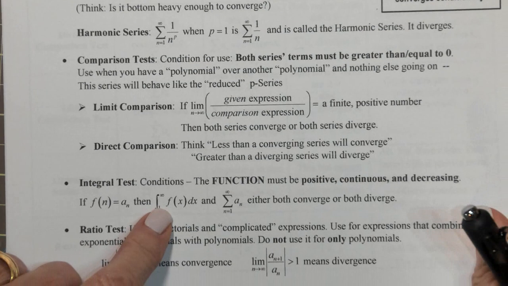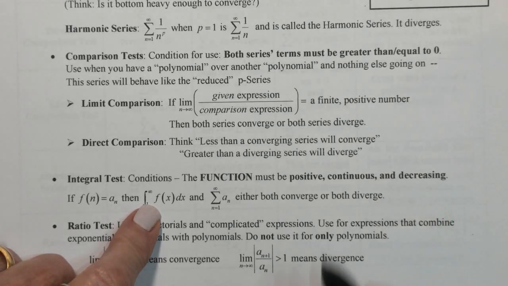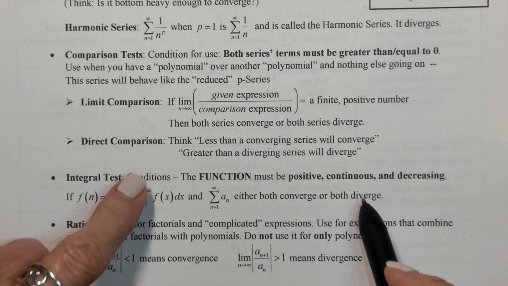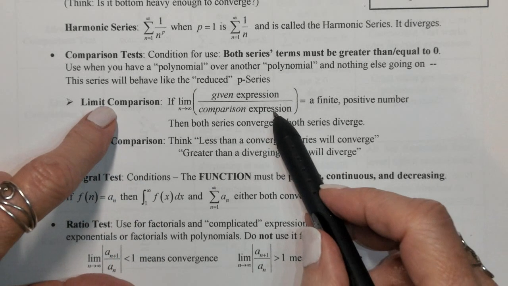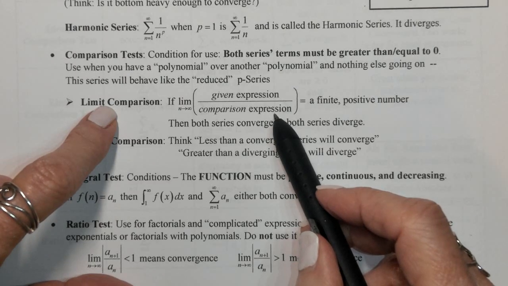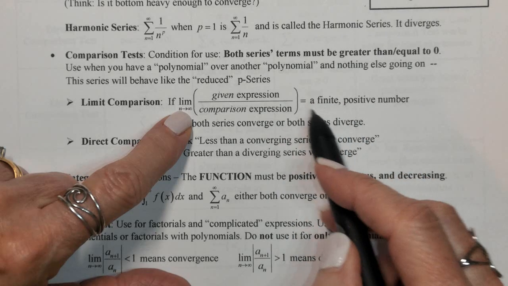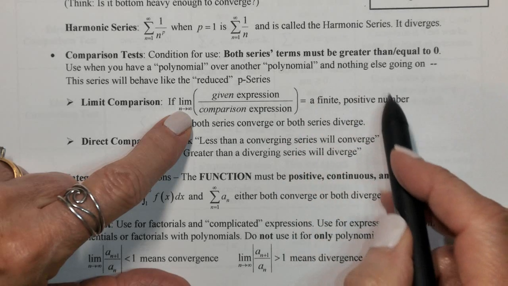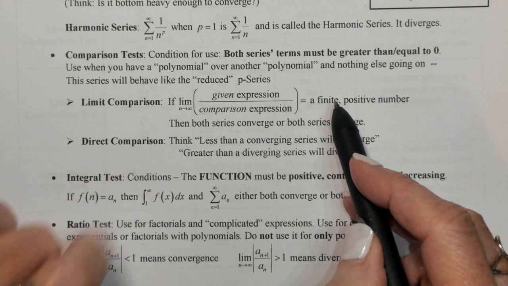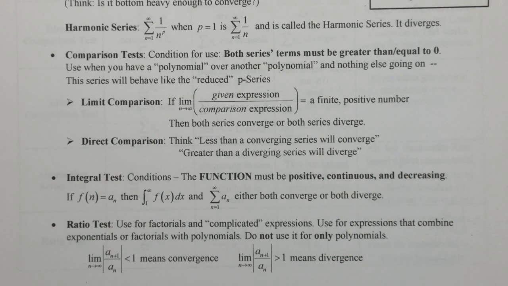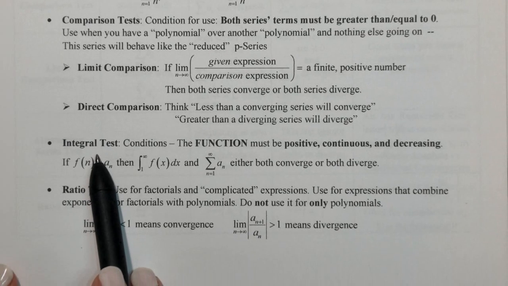We had two comparison tests, the limit comparison test and the direct comparison test. In FRQs, I almost exclusively would use the limit comparison test. Set up the limit. We want the limit to be a finite positive number. The integral test, I've seen this in several FRQs.